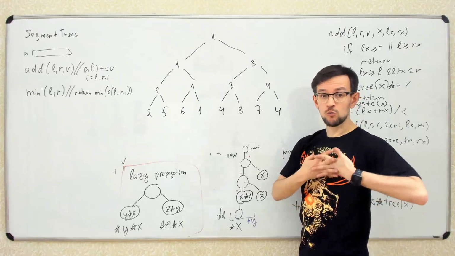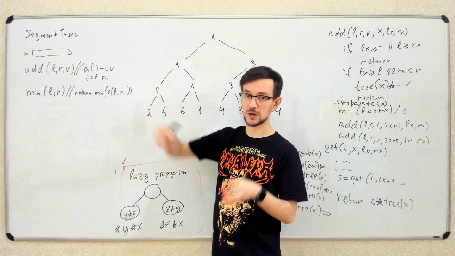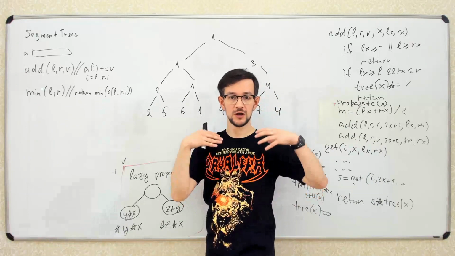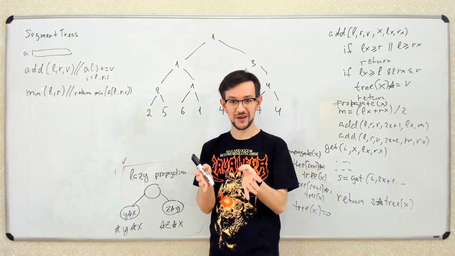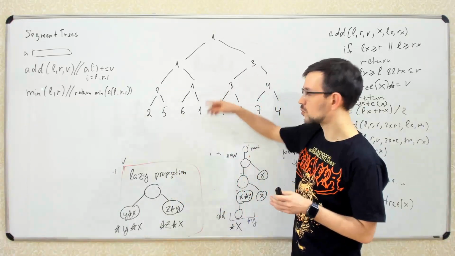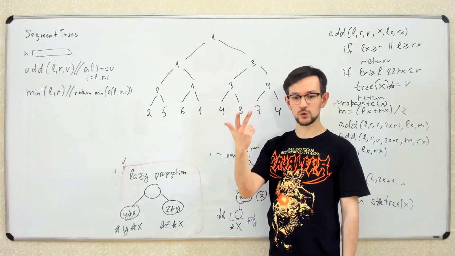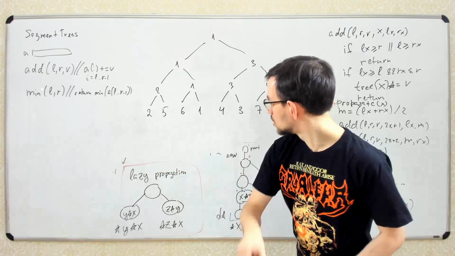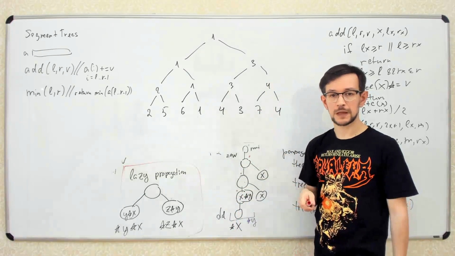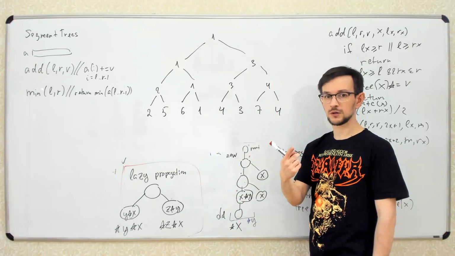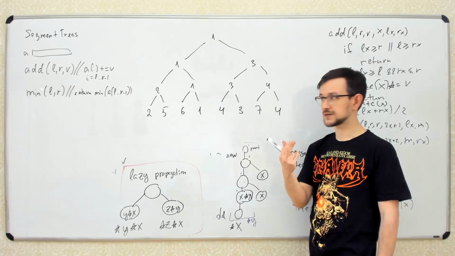Now, you want to be able to add values to some segments. So we will maintain the same thing as before. For each node, we will maintain another value, which is the value we need to add to this segment. These values are the minimums, and we need another value, which is the value we need to add to this segment.